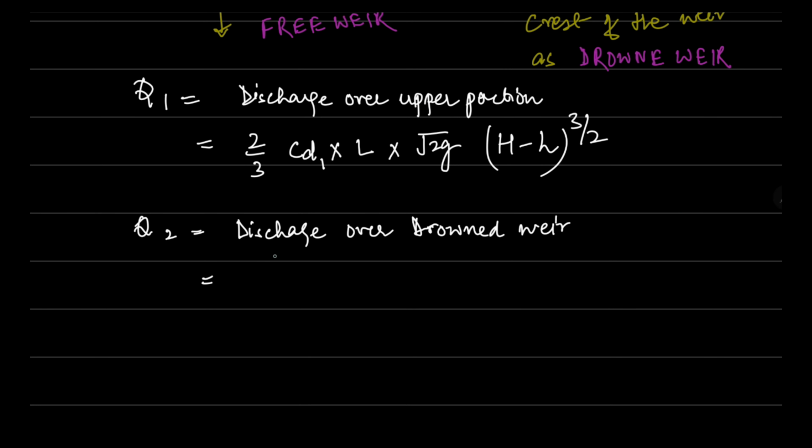We can write this equation as CD2 multiplied by area of flow into velocity of flow. The area of flow is L into h, and the velocity is under root 2g times H minus h.